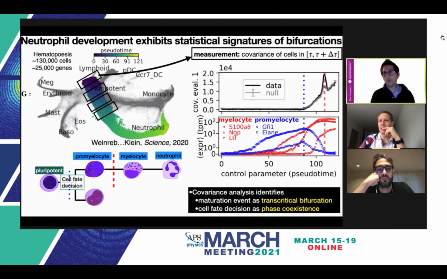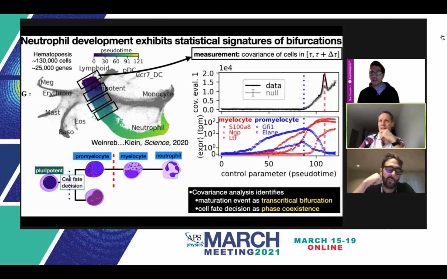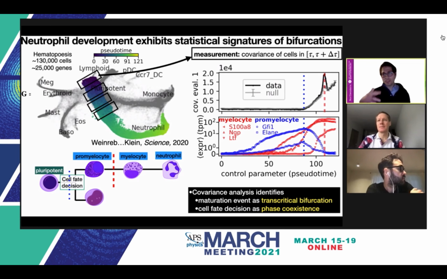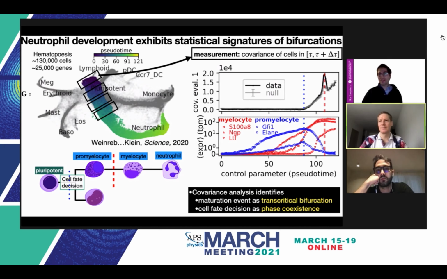And then what happened earlier when you start getting the rise of the covariance? I think that corresponds to the cell fate decision, exactly what you were saying, that there's this coexistence between fates. If you have this coexistence, basically your eigenmode is going to keep spreading out further and further, and that's what we're seeing in this data. So that seems to be the cell fate decision.